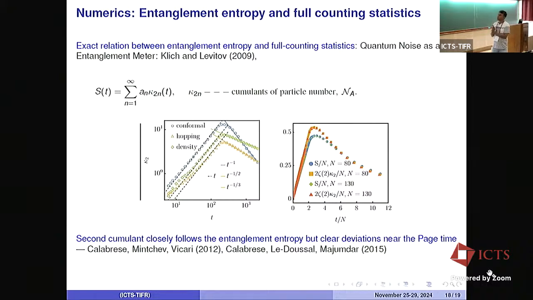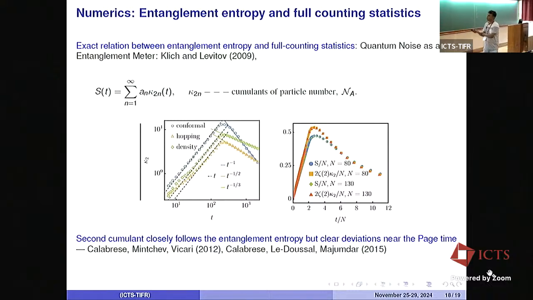Another nice thing we observed, which was also briefly mentioned, is that there's an exact relation between entanglement entropy and full counting statistics, derived in a very nice paper by Klich and Levitov. You can write the entanglement entropy as a sum over all cumulants of the particle number. Quite often just the second cumulant is enough to capture the entanglement. In our system, I plot the second cumulant versus time, and it has the same form as the Page curve.